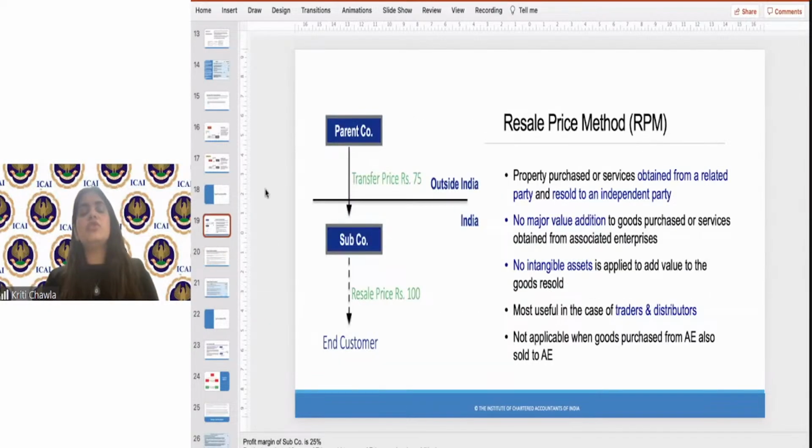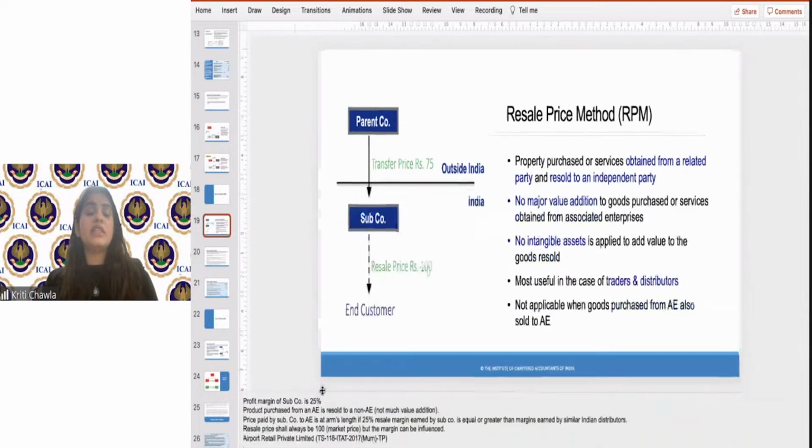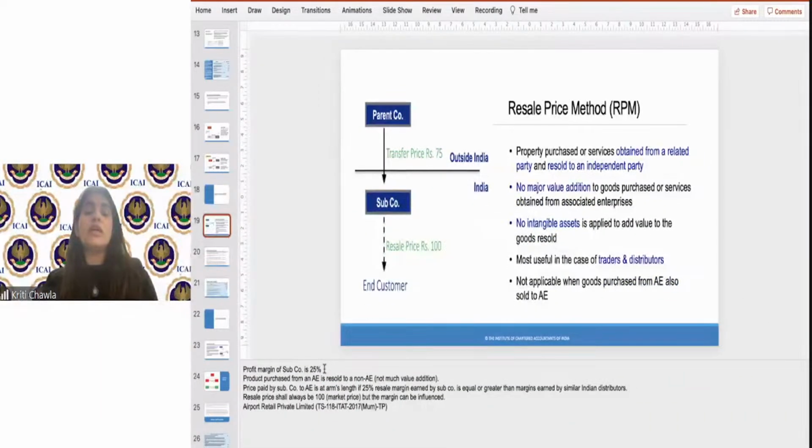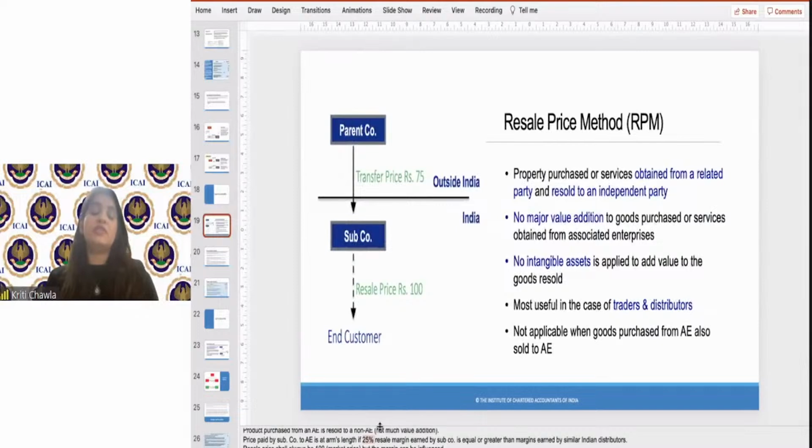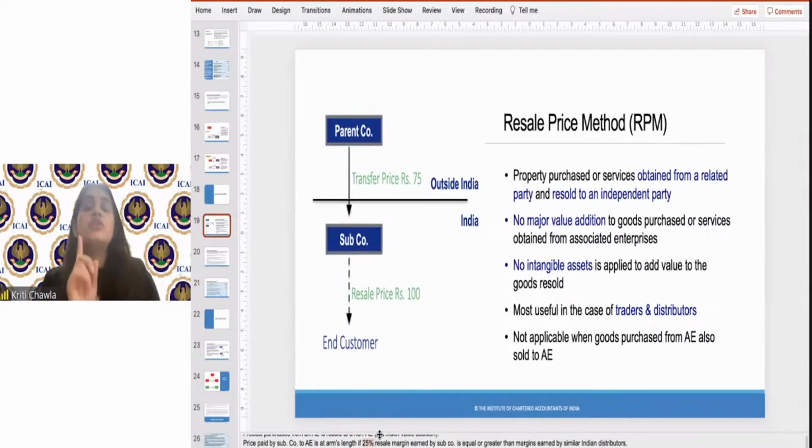What you have to do in a resale price method, I've provided it here also: if your margin is 25%, you'll have to make sure that related party margins are also 25% or they are lower than you. If they are lower than you, it's well and good, but it shouldn't be higher than your margin.